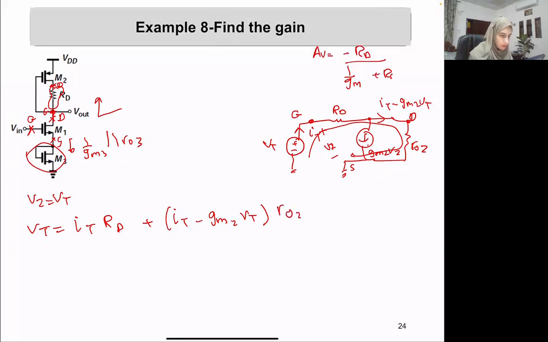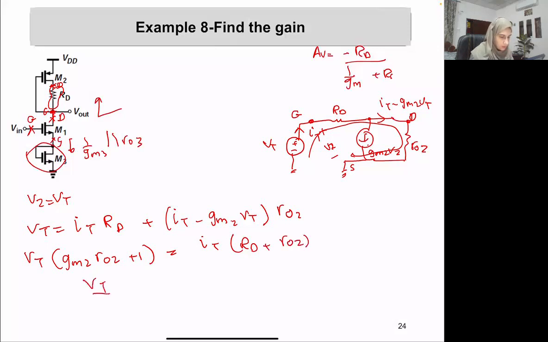Okay, now let's take V test on one side. So V test multiplied with GM2 times R out 2 plus 1 equals I test with RD plus the remaining R out 2.